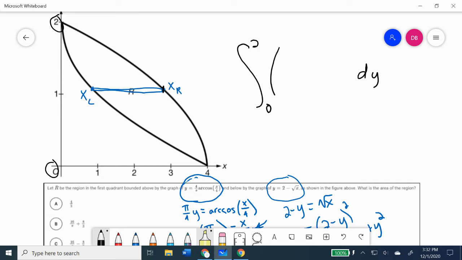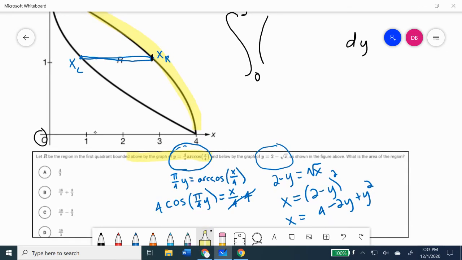Now, in this problem, it says that the region is bounded above by the arc cosine. So that means that this function is the arc cosine because it is bounded above by that function. That means that this x is the right x.